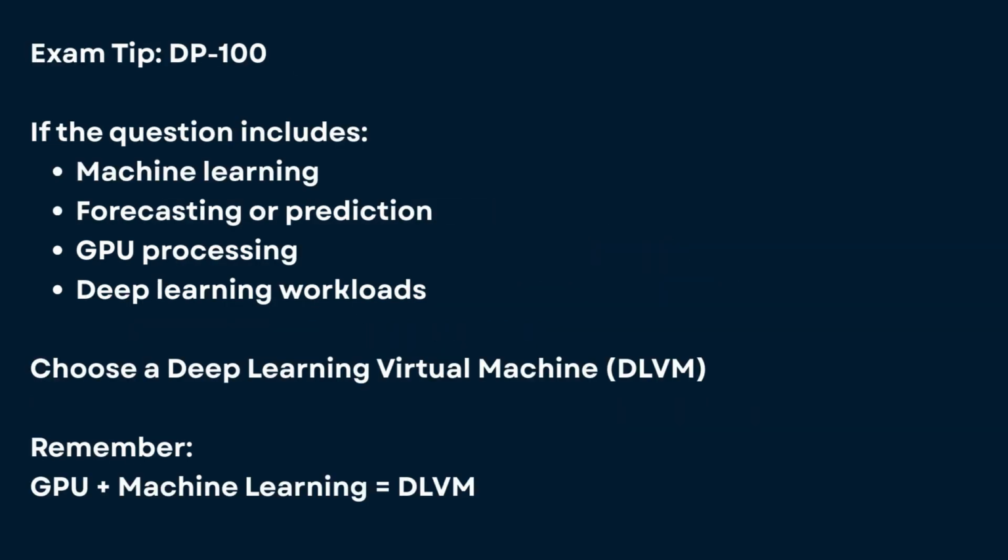Exam tip: DP-100. If a question mentions machine learning, forecasting, and GPU processing, the correct answer is almost always deep learning virtual machine. Remember this rule: GPU plus machine learning equals DLVM.